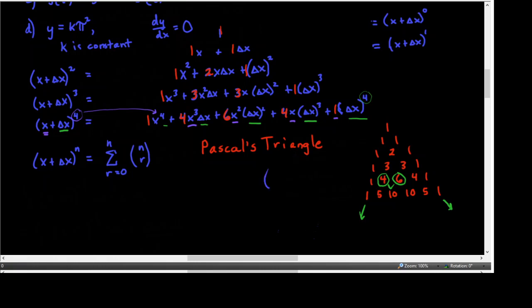N choose r is defined to be n factorial over r factorial multiplied by n minus r factorial. And on your calculator, you'll see this as nCr.